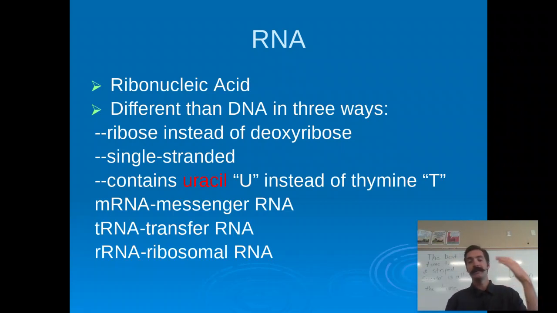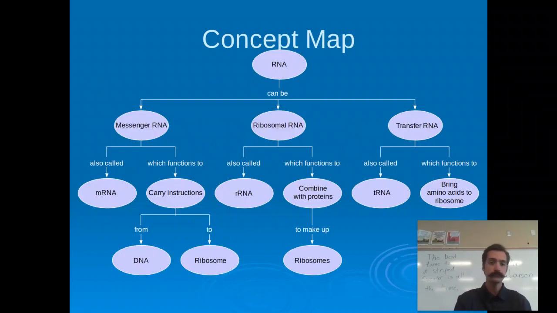Each of these is used in the process of translation and transcription, and we'll talk about translation in a little bit. So the main difference is this right here. It contains uracil instead of thymine. That is the real large difference that RNA has compared to DNA. Other than that, it's very similar.